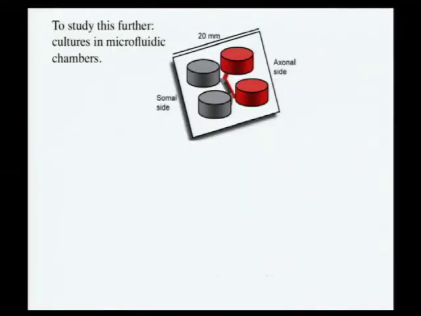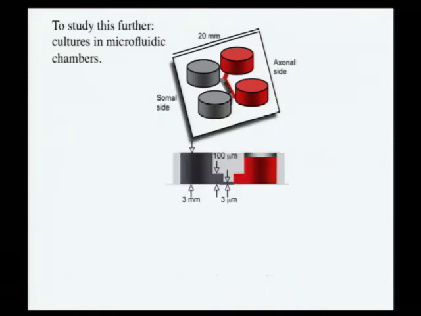Now, to go further on those issues, it becomes a bit difficult to use the mouse. And this is where I'm going to introduce the microfluidic chambers and the culture of neurons in those chambers. For those who don't know those devices, they are microchips in a way, consisting of wells, which you see here, for example, 4 wells, into which you can introduce cells, viruses, media, whatever you want.